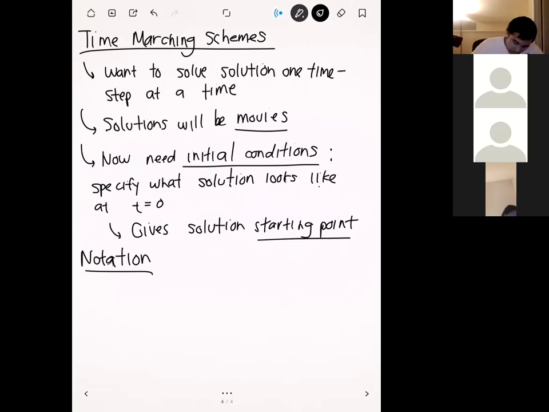If we think about the general case for 2D, we use the IJ notation to denote spatial coordinates.